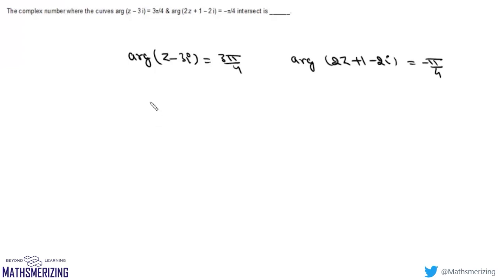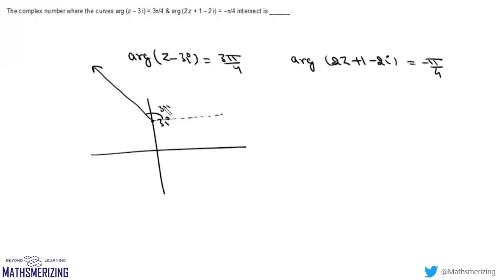Now for this first one, we know that it is this ray which starts from 3 iota and then it'll go in the direction where this line makes an angle 3 pi by 4 with the positive real axis.